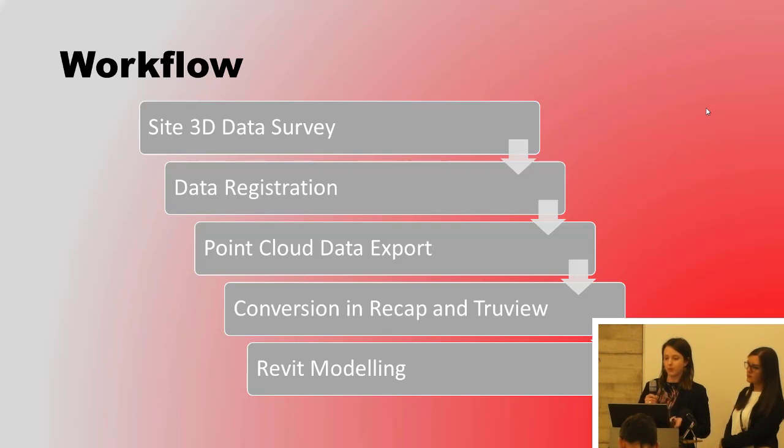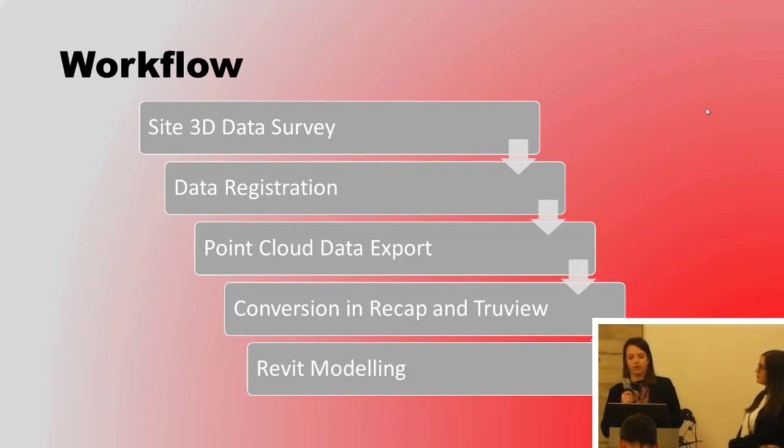After point cloud registration, we have to export the registered point cloud. As I mentioned before, we use Cyclone, Leica software, to register the point cloud, so we usually export it to PTS format, and then convert the PTS in ReCap in order to deliver RCS or RCP format to Revit.